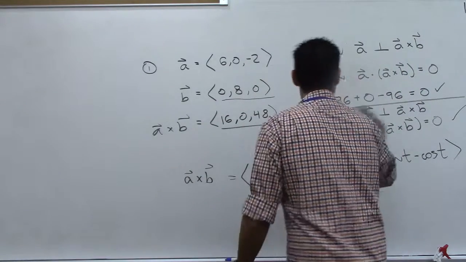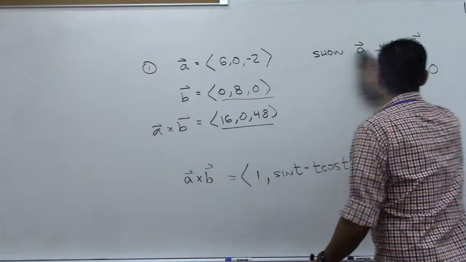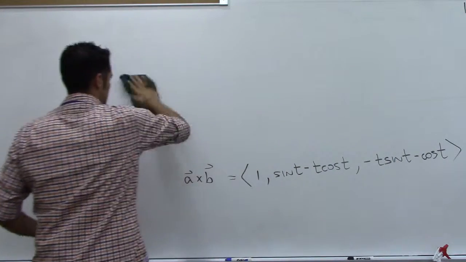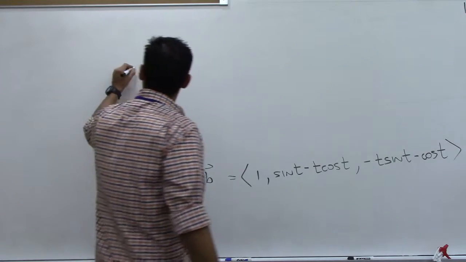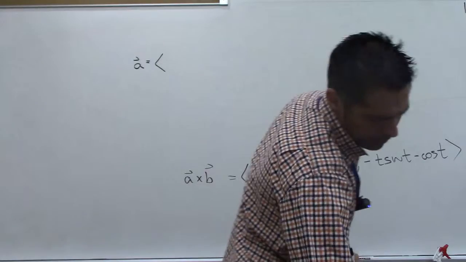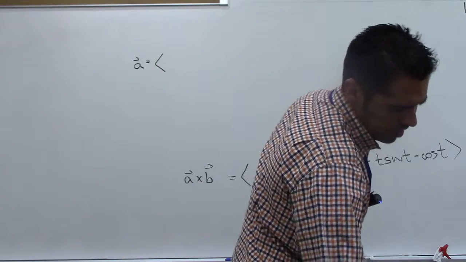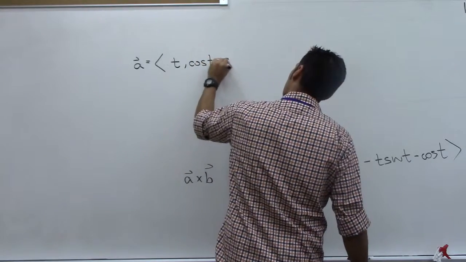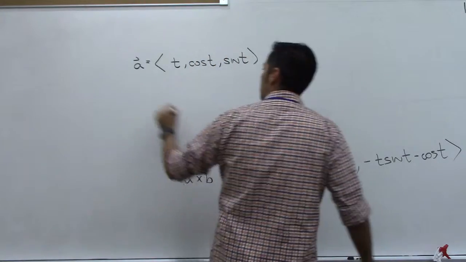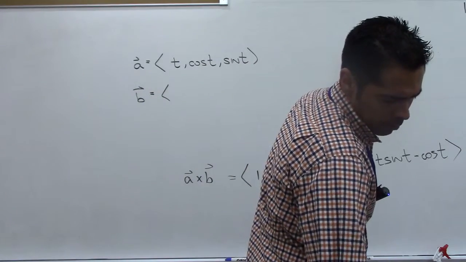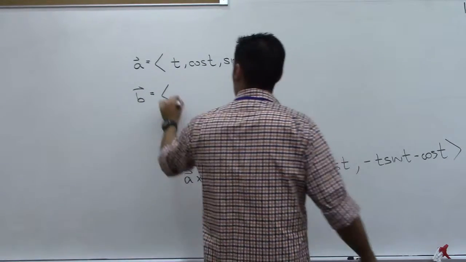So 6, this is what we got for our answer right there. That's A cross B. Now A was the vector t, cosine t, sine t, and B was the vector 1, negative sine t, cosine t.